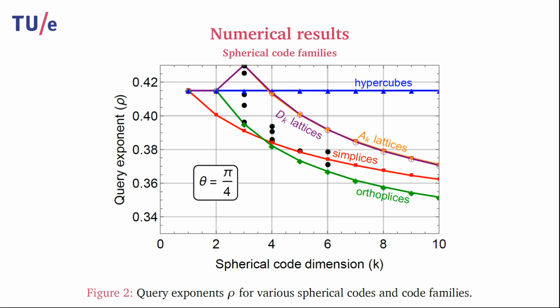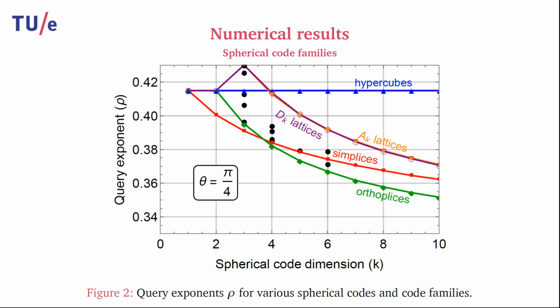And this is also a graphical depiction of these results. On the vertical axis, you have the query exponent, which is what you really care about minimizing, because it determines the time complexity. And on the horizontal axis, you have the dimension that you're projecting down into.